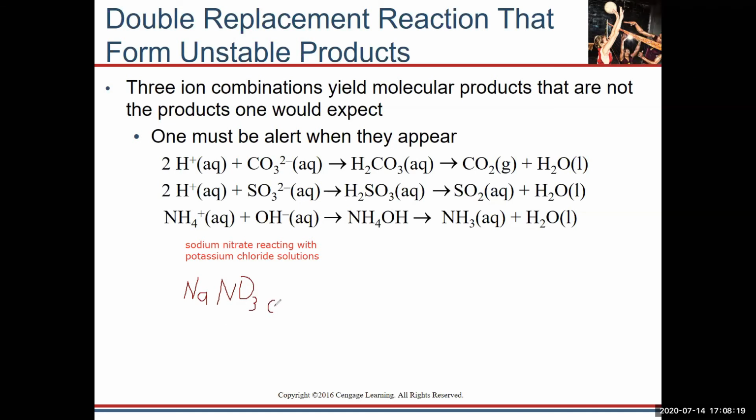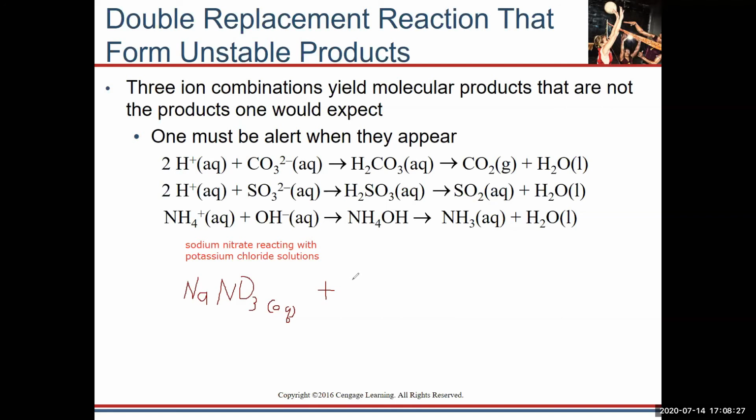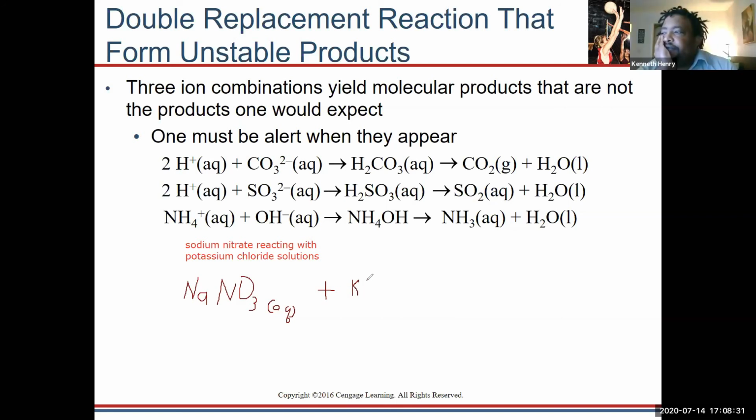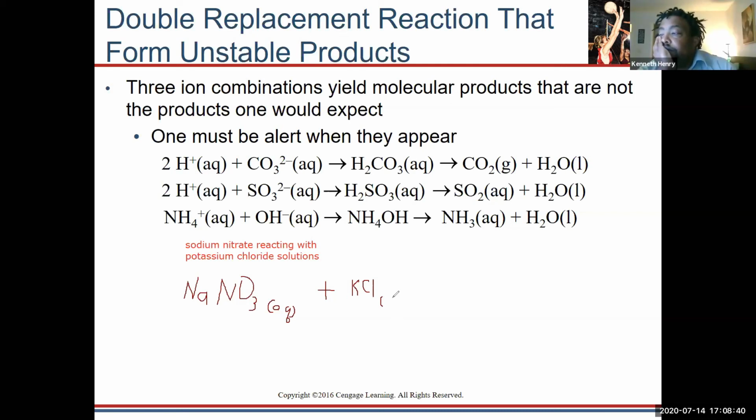Aqueous. And then plus potassium chloride, KCl. Solid, liquid, gas, or aqueous? Potassium chloride solution. Aqueous.